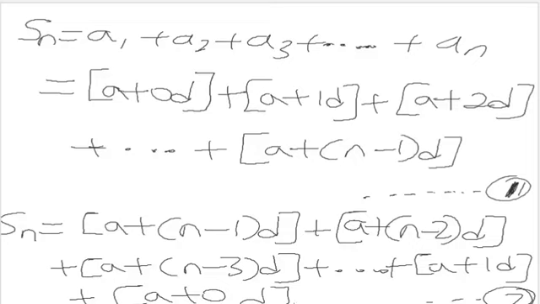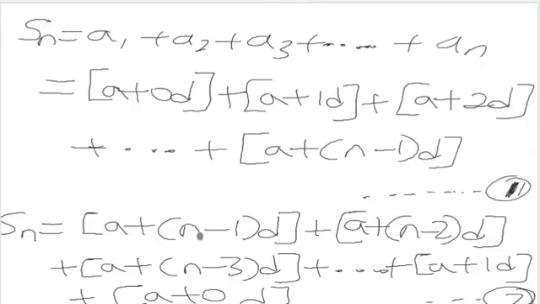Now we add equation 1 and 2 together. So we have Sn plus Sn gives us 2Sn, which is equal to A plus 0D added to A plus (N minus 1)D. A plus A becomes 2A. Then this one becomes N minus 1D, because 0D is out.